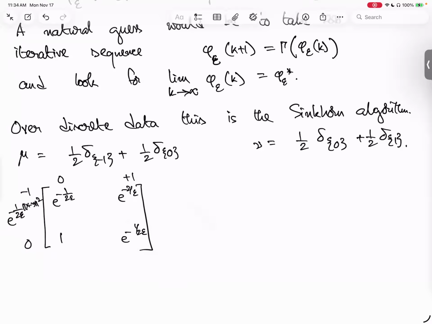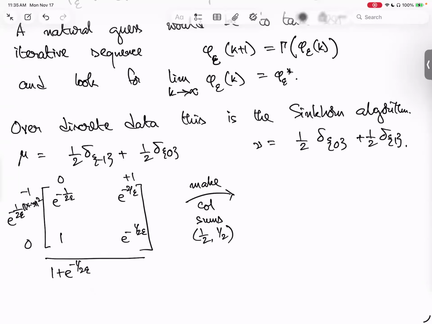So in my first step, what I'm going to do is make the column sums uniform, one half, one half. How will I do this? Well, I look at all the column sums. So 1 plus e to the power -1/2 epsilon, and over here e to the power -1/2 epsilon plus e to the power -2 over epsilon.